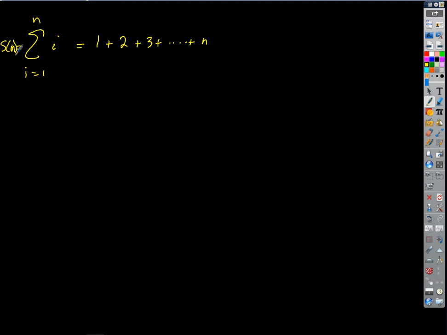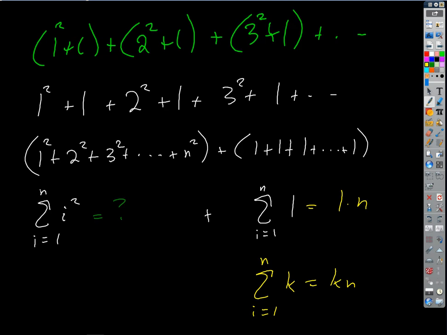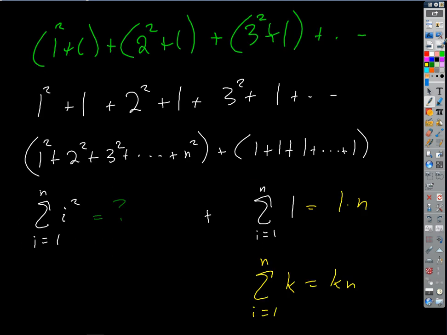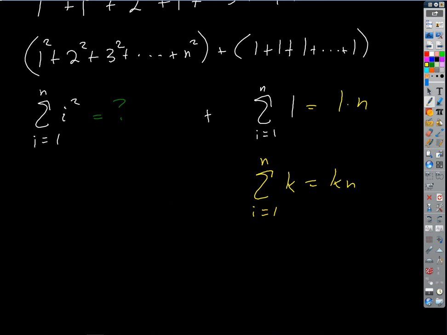Now the goal here is, how could we predict what that is, right? The sum of 1 from 1 to 10 is just 10. We know that one was easy. We came up with a formula for this. The sum of some constant k from 1 to n is just k times n, right?